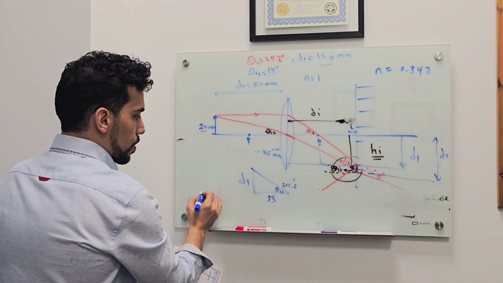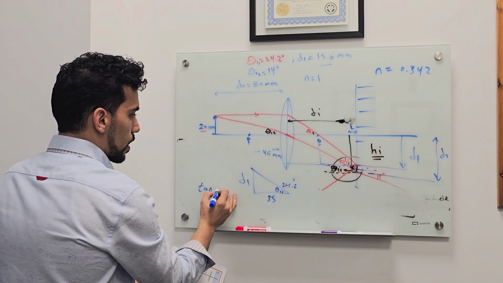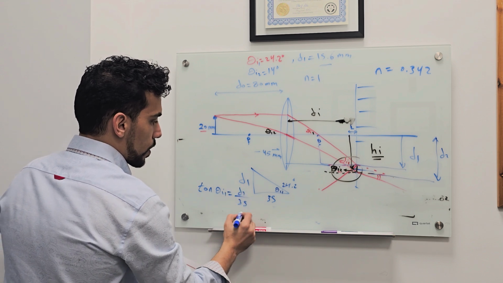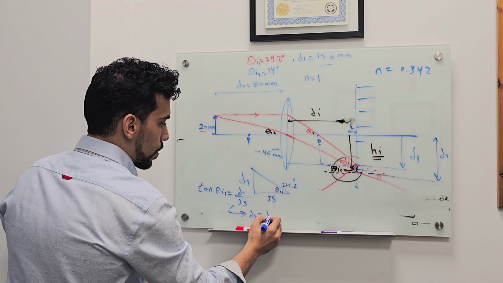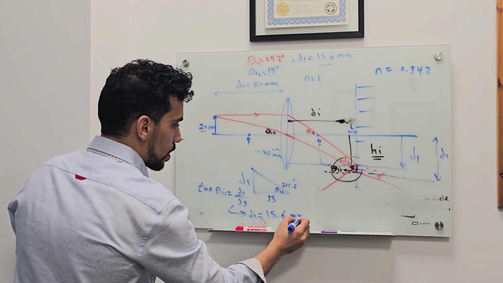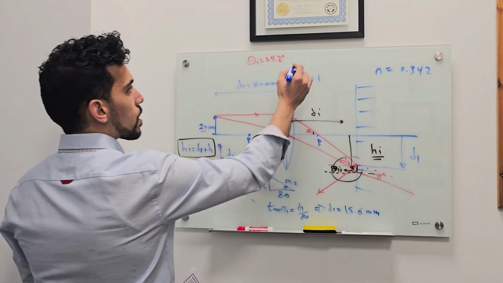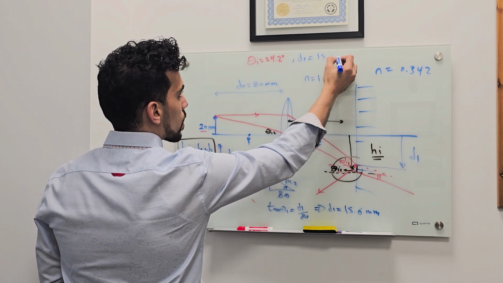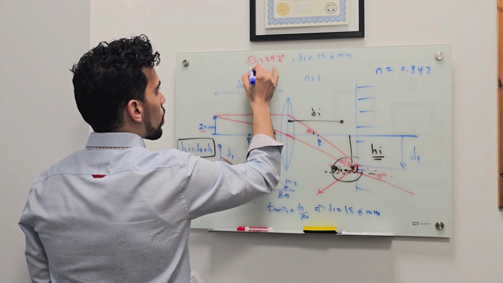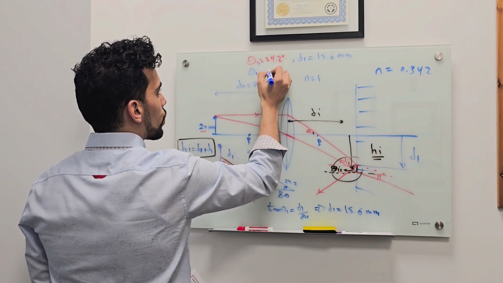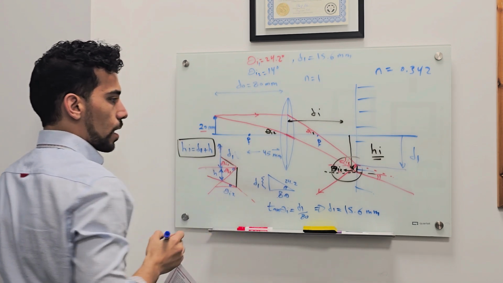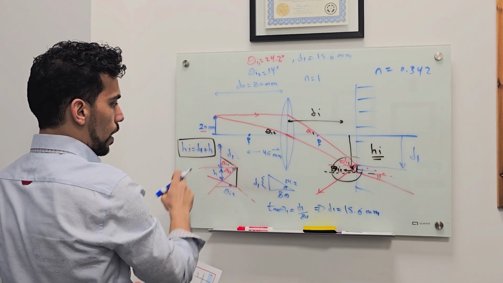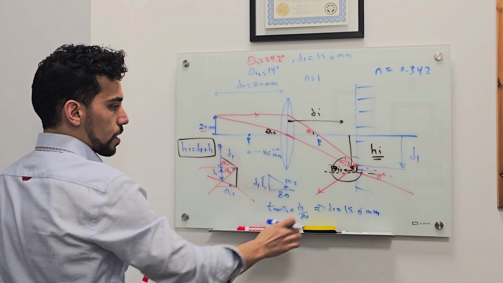Okay, and from this one we can say that tan theta incident 1 is equal to D1 over 35, and from here we get D1 is equal to 15.6 millimeter. Okay, so let's write at the top D1 is equal to 15.6 millimeter, and also theta incident 2 is equal to 14 degrees. Okay, so we have D1 from here. So we'd like to find the h itself.